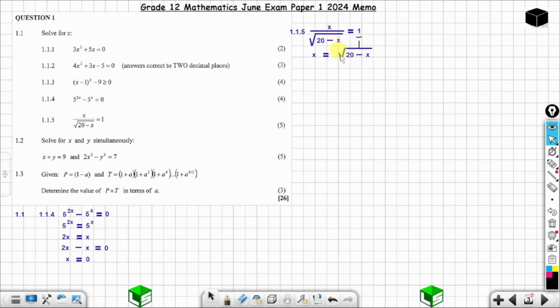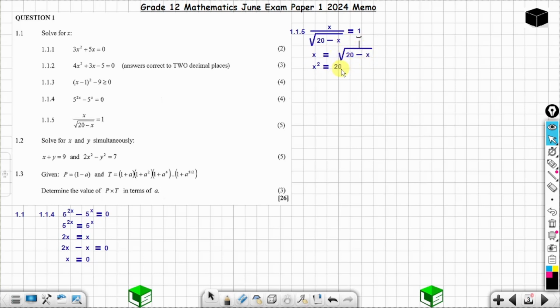Now you have to get rid of this. Okay, you have to get rid of the square root sign. You are going to raise everything to the power of 2 on both sides. So on this side you have x squared is equal to, you raise this to the power of 2, you are going to get rid of this.